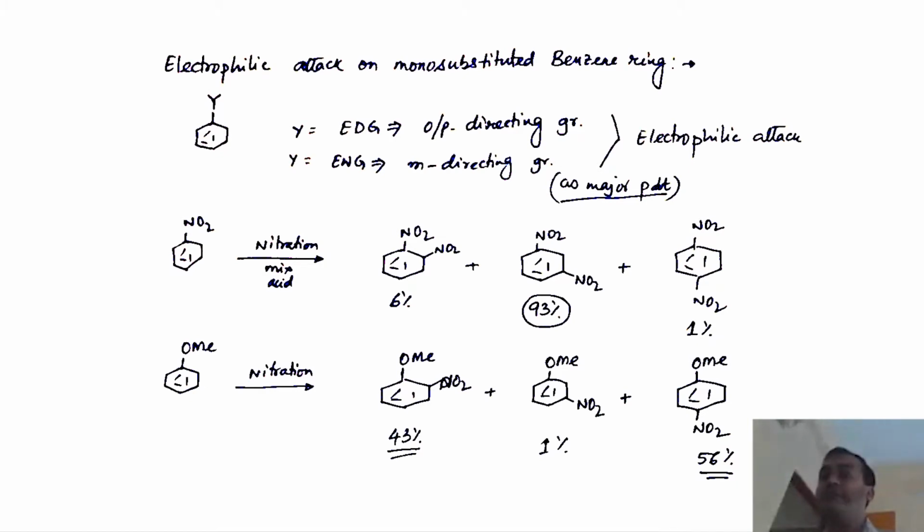So the aromatic system becomes electronically rich, and the nitration becomes much faster. But in case of nitrobenzene, the nitro group withdraws the electrons, so the benzene ring becomes electron deficient. So in this case, the reaction will be slower than benzene. And in the anisole case, the reaction is faster than benzene.